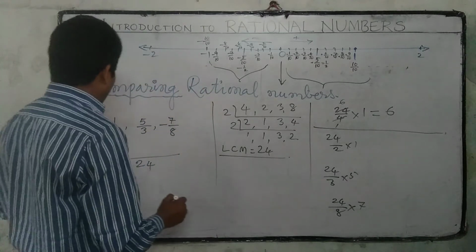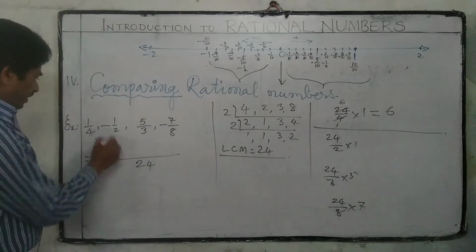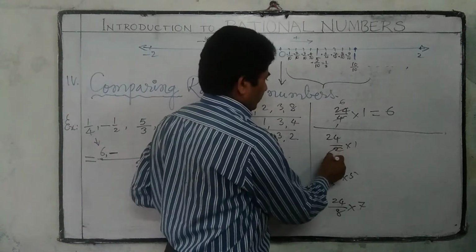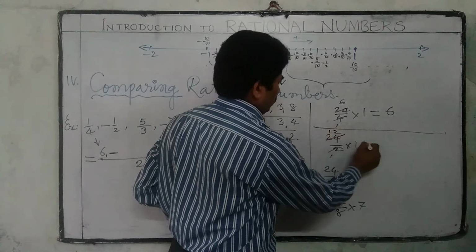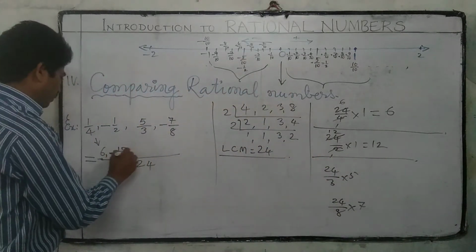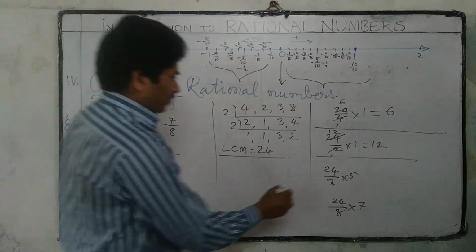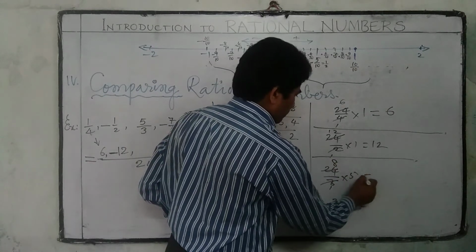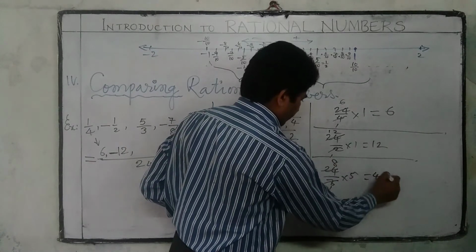Now this is a minus sign. Write this minus sign as it is. 2 ones, 2 twos, 12. So here we have to write this 12. 3 ones, 3 eights, 8 fives are 40.